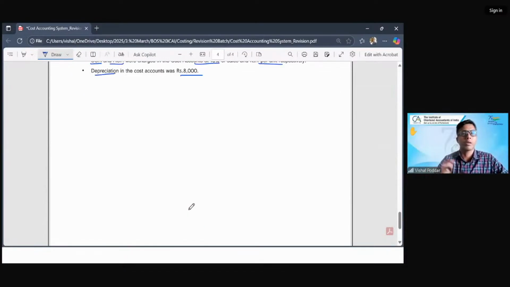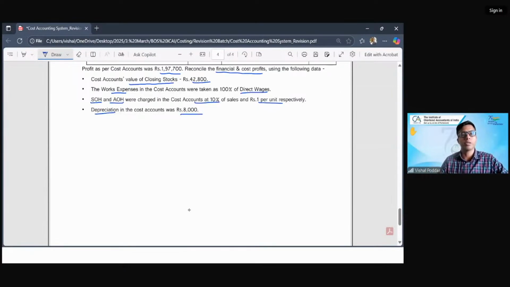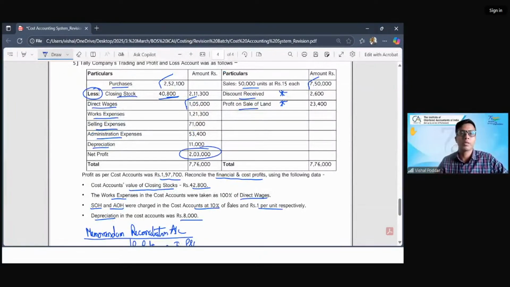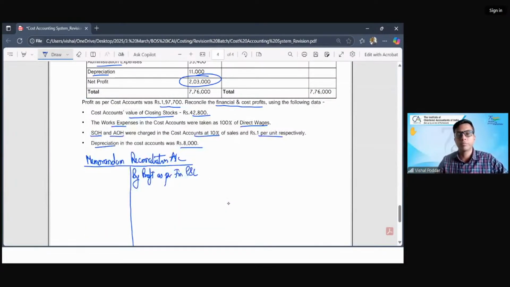So if I have to simply prepare the reconciliation here itself, I have, by profit as per financial P&L. So my starting point is this financial profit, which is 2,03,000.